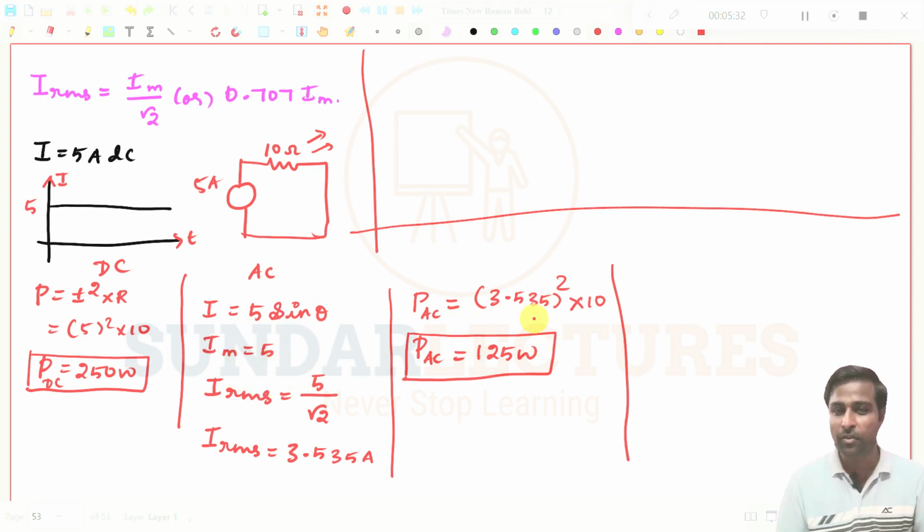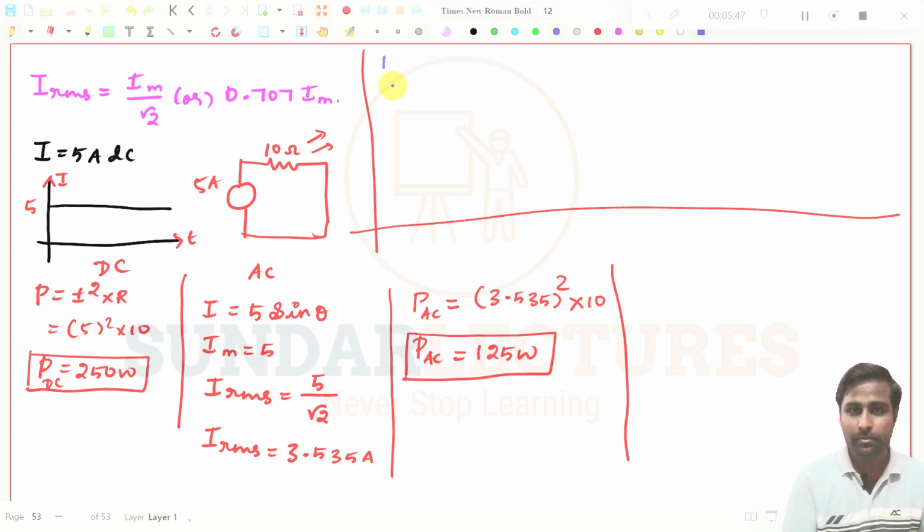If I put 5 amperes here, then 5 square is 25, into 10, I will get 250 watts. So I know IRMS is equal to 5 amperes.